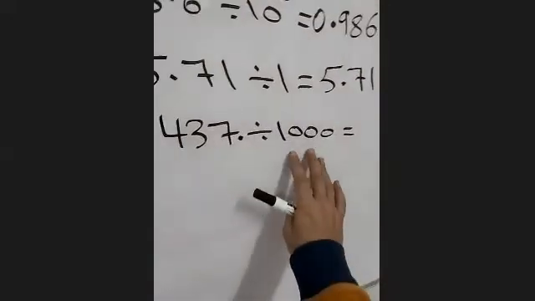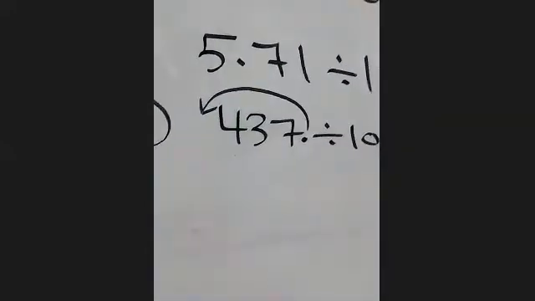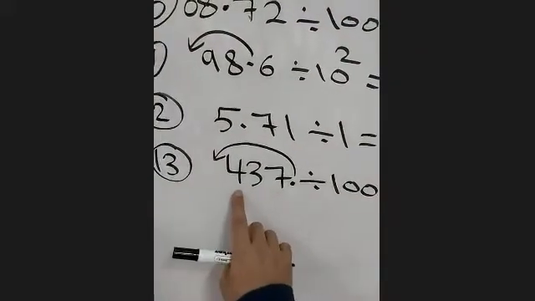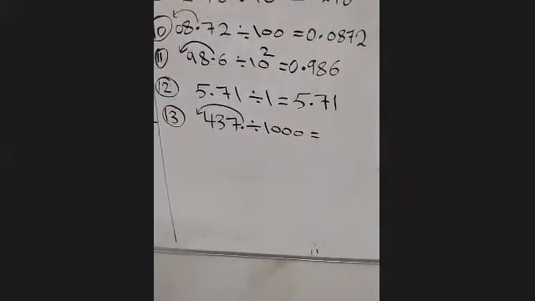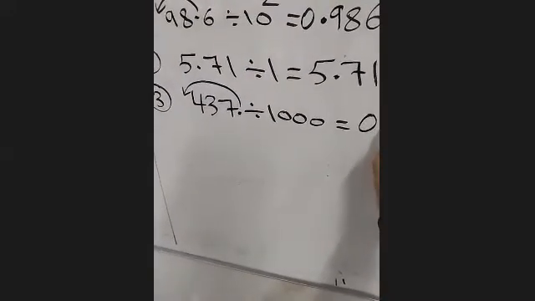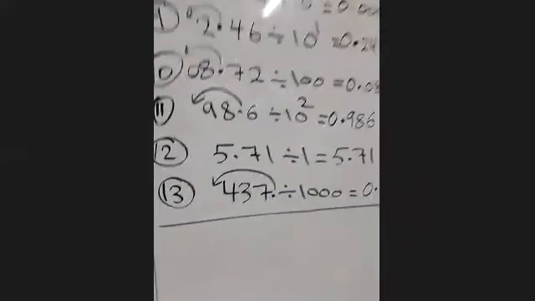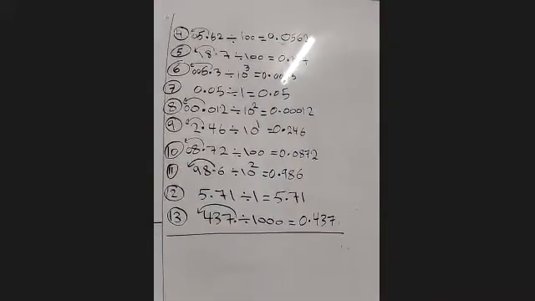Here we have 3 zeros. So I will go to the left how many digits, Kinan? 3 digits. I have already 3 digits. 1, 2, 3. So what's the answer will be? Tell me. 0 decimal 437. Do you understand the lesson, Kinan? Yes. Good boy. Thank you. This is question 13, guys. Kabi.